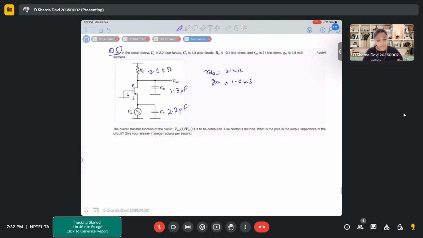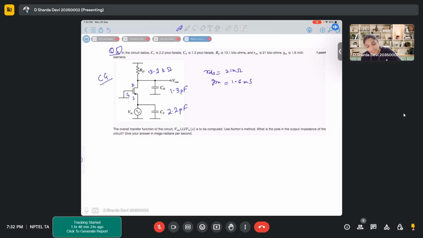Okay. So now we know that these are the values. What type of configuration is this? If you observe this transistor, what type of configuration? Common gate. It is common gate configuration, right?